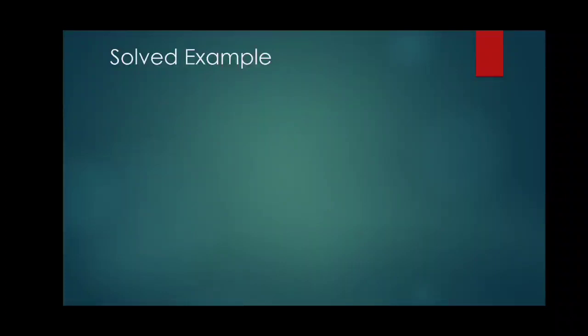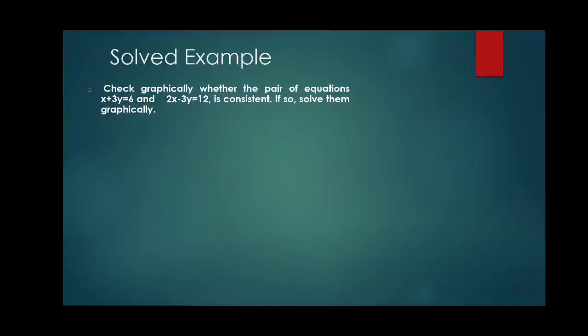Now coming to the solved examples from your textbook, the first one is: check graphically whether the pair of equations x plus 3y is equal to 6 and 2x minus 3y is equal to 12 is consistent.